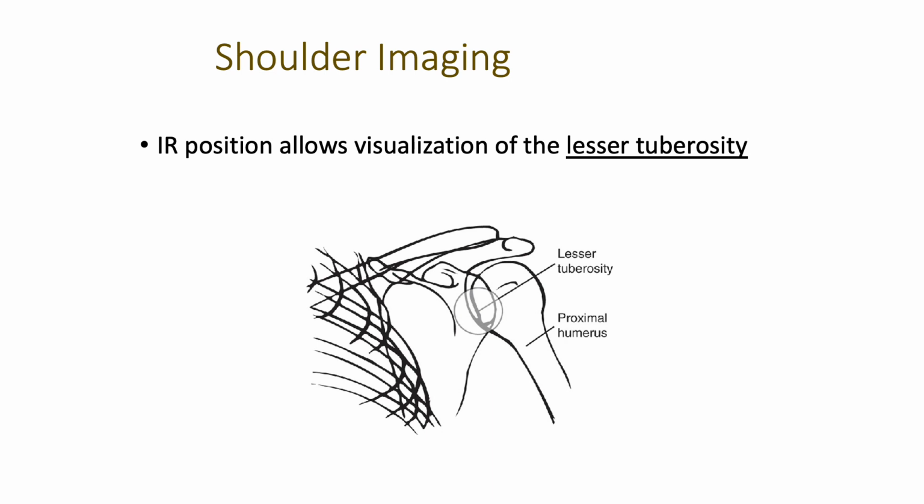If we internally rotate the shoulder, then even though the lesser tuberosity is moving more towards the glenoid fossa, we actually can get less attenuation and we actually can see it. And that's very important because of things like avulsion fractures. If our patient has potentially an avulsion fracture happening at that lesser tuberosity, we need to know those things.